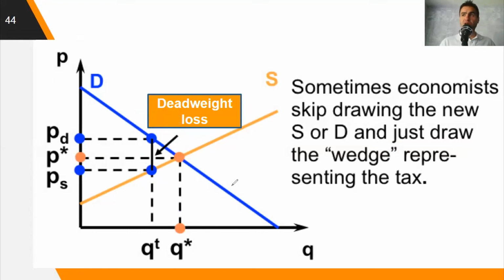As I put in the note on the slide, the easiest way to think about a tax, because you could technically move either the supply or the demand curve to represent a specific tax, is just to create a wedge. Let me draw again. It's just to create a wedge between the price paid by consumers and the price received by suppliers. That difference is literally the tax rate, and this is the deadweight loss.